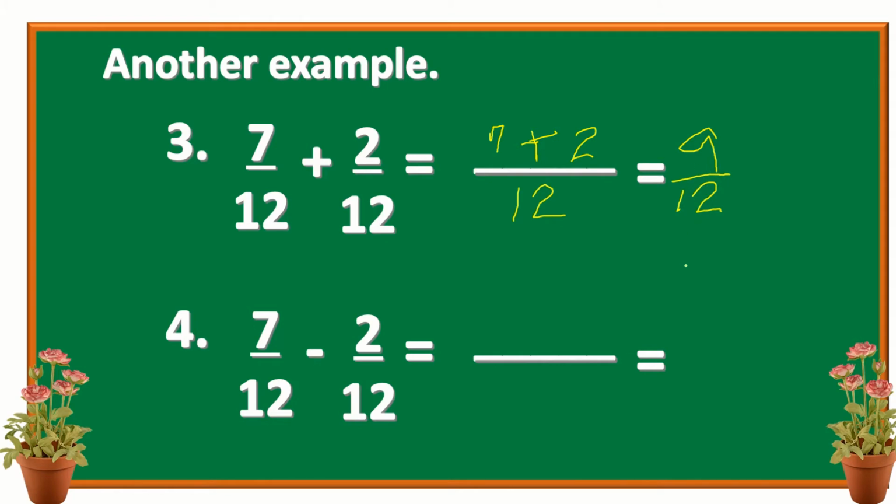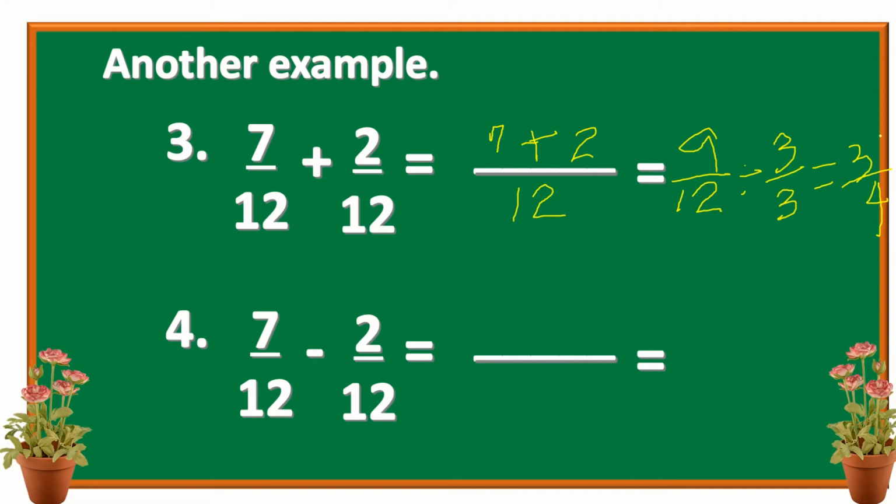When do we reduce? When the numbers are big and still can be divided by another number. One number only. And that would be number 3. Okay, so what is 9 divided by 3? That would be 3. And what is 12 divided by 3? That would be 4.